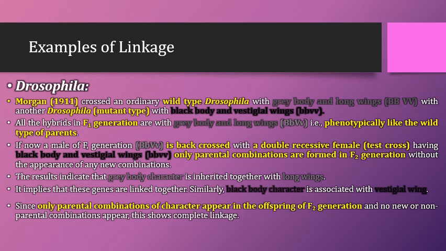Since only parental combinations of character appear in the offspring of F2 generation and no new or non-parental combinations appear, this shows complete linkage. The complete linkage is seen in Drosophila melanogaster males.